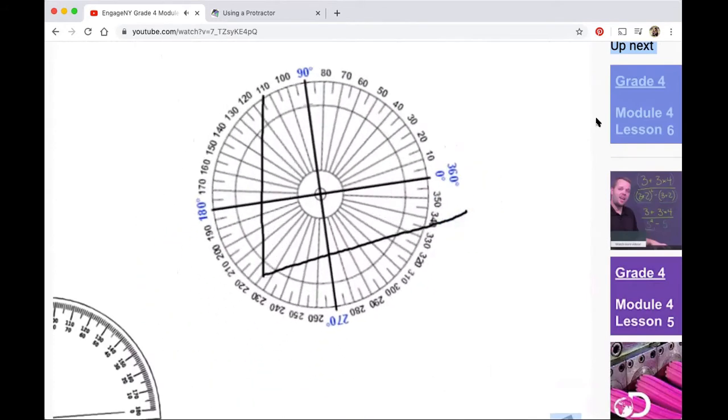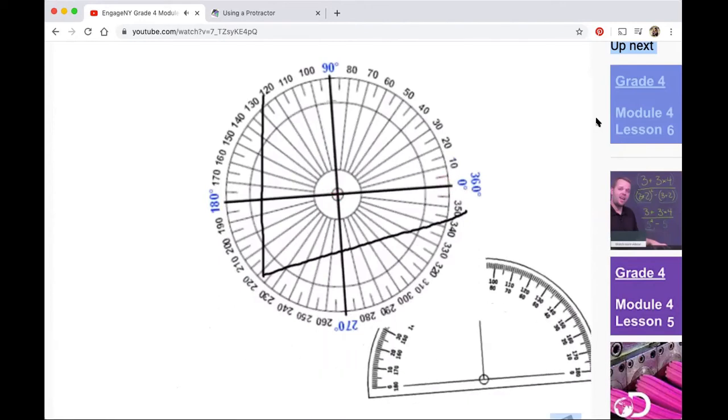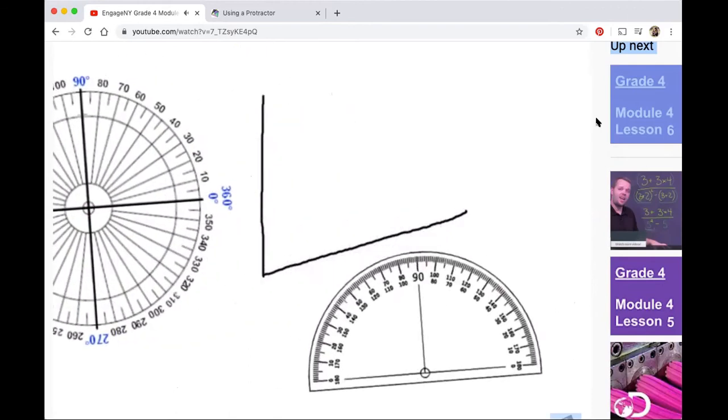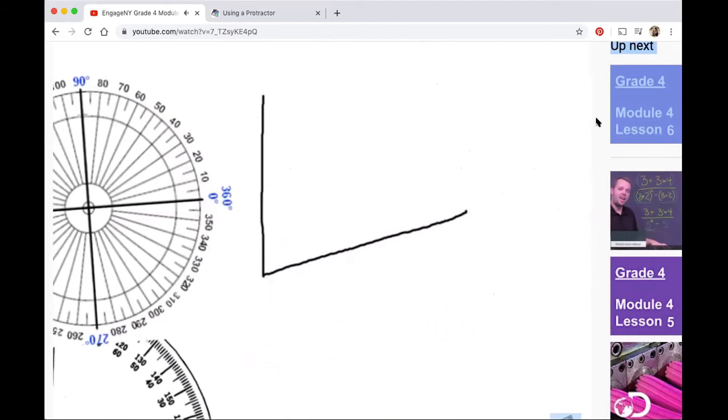You'll notice that this protractor has a centerpiece and a point. I call that the target. And then it's got a 0 degrees somewhere. Even the traditional protractor has a target. Here it is, here's the target, and here's the 0. So that's going to be common on every protractor. You're always going to have a target, and you're always going to have a 0 somewhere.